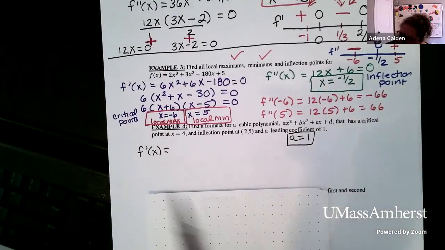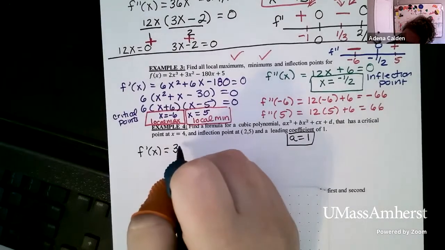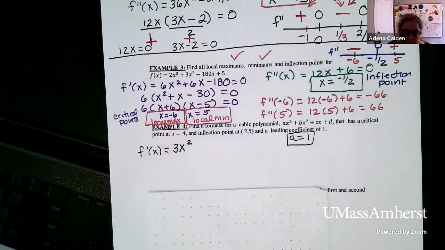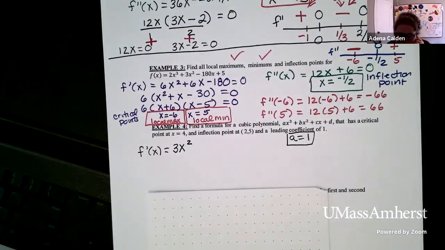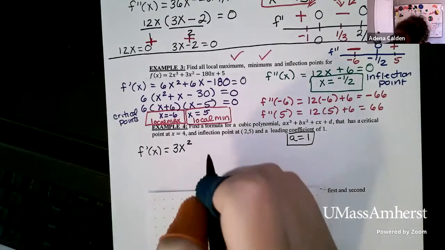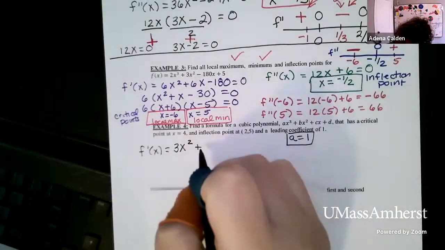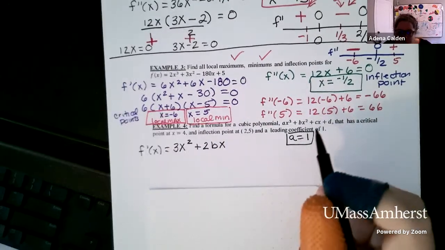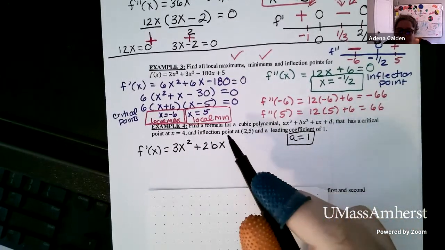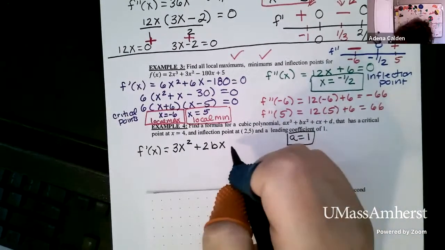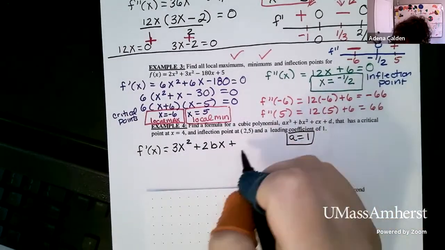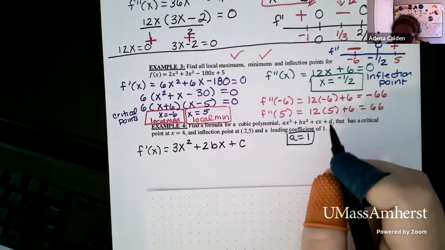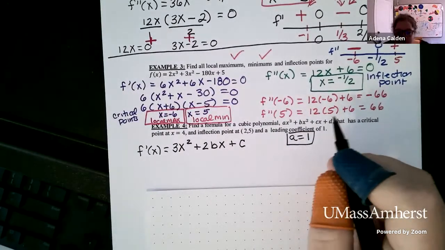So the derivative of this first term we can write as 3x squared, because 3 times 1 is 3. For the next term, when the 2 comes down, we need the 2 and the b, because we don't know the value of b yet. So we get 2bx to the 1. And then the derivative of cx is c, and the derivative of d is 0 because it's a constant.